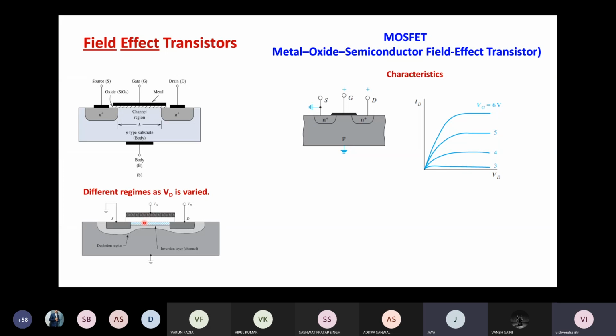So a very clean interface between the channel and the oxide was extremely crucial, and a lot of insulators were tried for that. Ultimately, what is done is that silicon is deposited on top of silicon, and the silicon is then oxidized. So that's why this interface becomes proper.